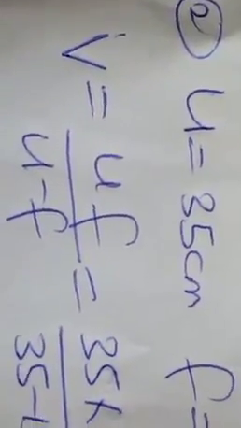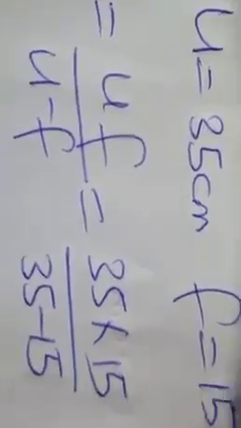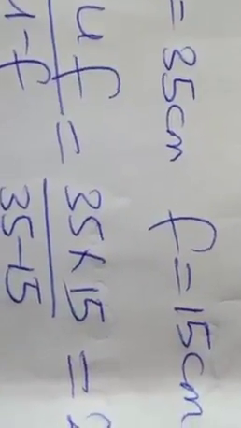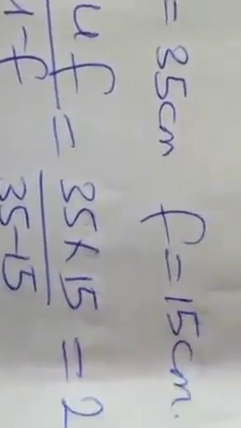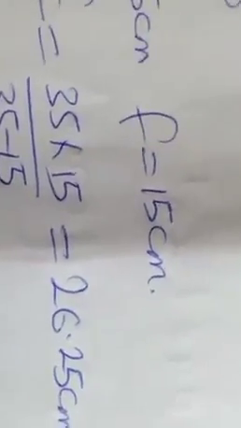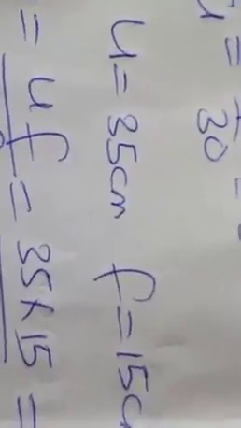We're now looking for the image distance using the formula UF all over U minus F. That is 35 times 15 all over 35 minus 15. And that gives us 26.25 as our image distance when our object distance is 35 cm.